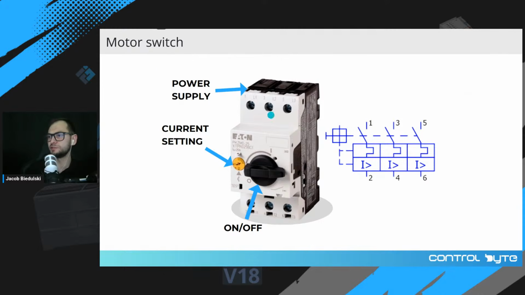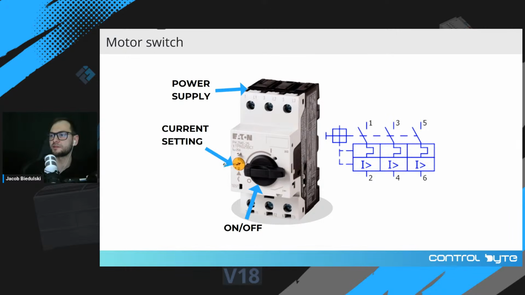This motor switch has also a short circuit breaker inside and an overcurrent part as well, but you can set the current which is dedicated for this motor with a small potentiometer on the front, okay?